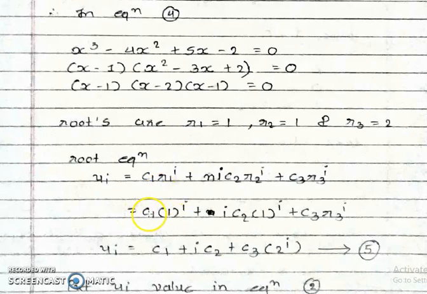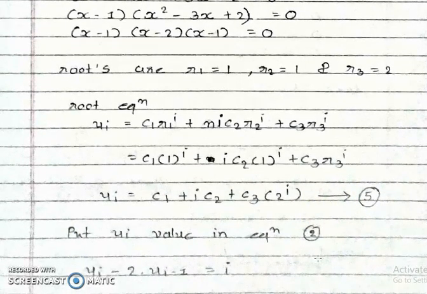So we get c1 into 1 raised to i plus i into c2, put r2 equal to 1, so 1 raised to i, plus c3 r3 raised to i, put r3 equal to 2. So we get the final equation, u_i equal to c1 plus i into c2 plus c3 into 2 raised to i. Give the number equation 5.